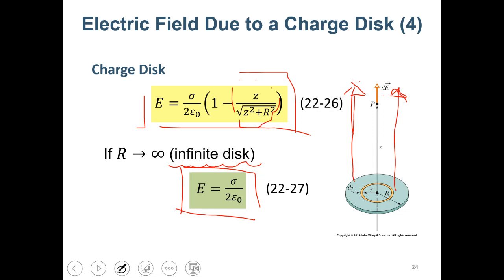It doesn't really match our intuition. We may think that the E field generated by the disk will become weaker and weaker as the distance becomes larger. But here we assume that the disk is infinitely large, so the E field in the space is uniform.